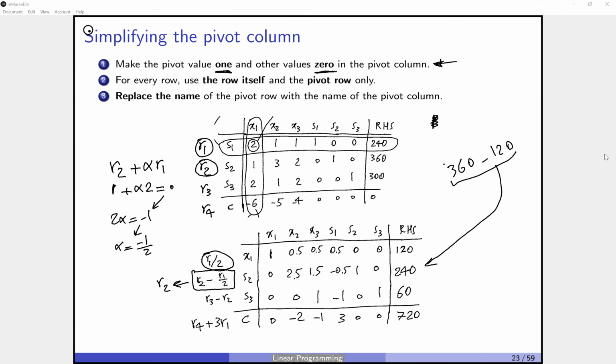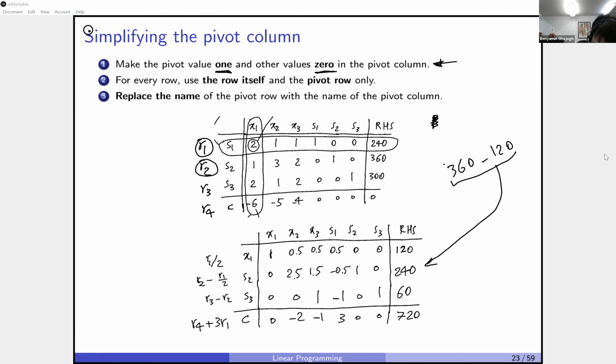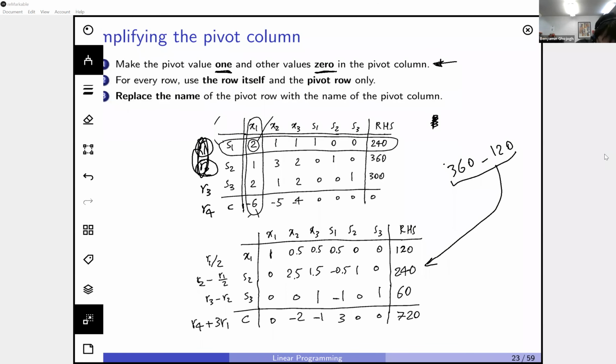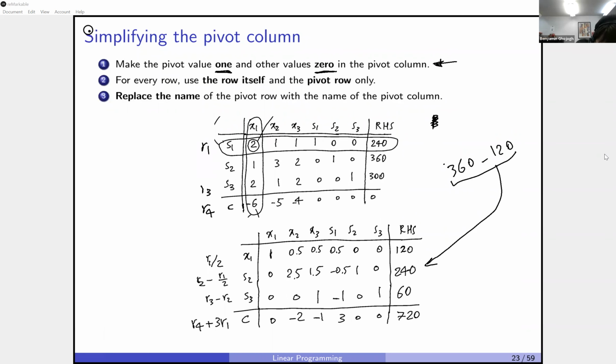So now let's move on to R3. Let me erase this, but you have this in the video, so you can look it up again. Let me erase it so you can understand better. So now let's go to the third row. You have R1, R2.